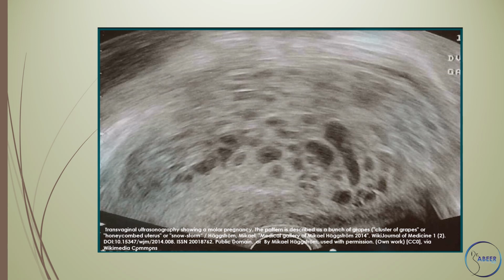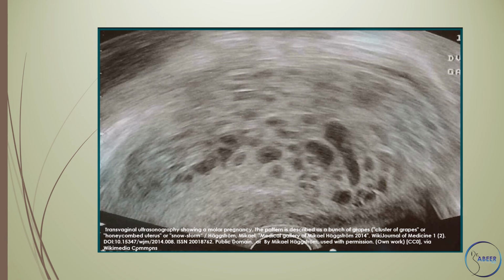The finding of multiple soft markers, including both cystic spaces in the placenta and a ratio of transverse to anterior-posterior dimension of the gestation sac of greater than 1.5, is required for the reliable diagnosis of a partial molar pregnancy.